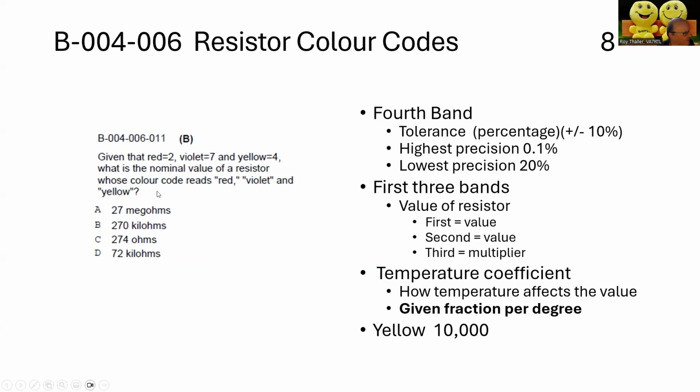So red would be 2, violet would be 7, and the last one, yellow, is the multiplier. So yellow would be 10 to the fourth, or 10,000. So you take 27 times 10,000. That would give you 270 kilo ohms, which would be B, the correct answer.